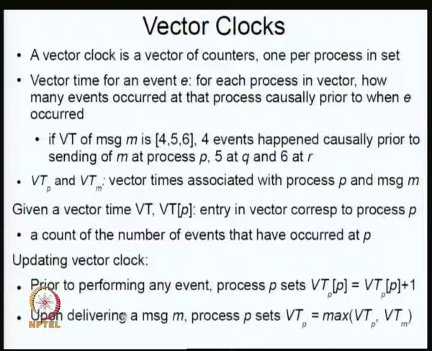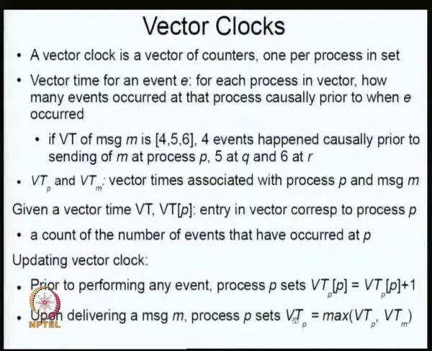Whereas, if I get a message from somewhere else, I say VT(P) equals the max of VT(P) and the vector time computed from the message, because it may be later than where I am right now. So, I am at a particular point, I am not doing anything right now, and I get a message from somewhere else.